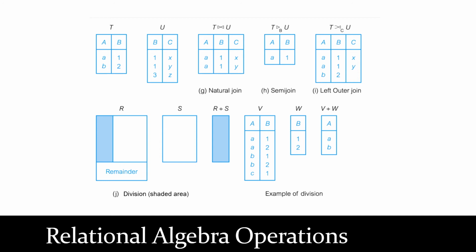How about the division? Division is something like this. R divided by S: what we take is the R part, not including the remainder and not including the S. So the example of division is something like this. If we have a set V and a set W, V divided by W is equal to only the part of V minus the part of W, and we ignore the rest.